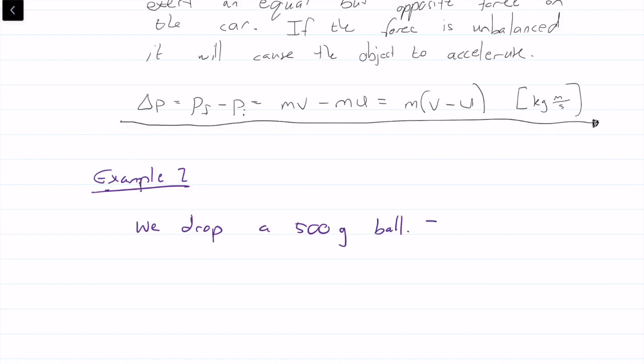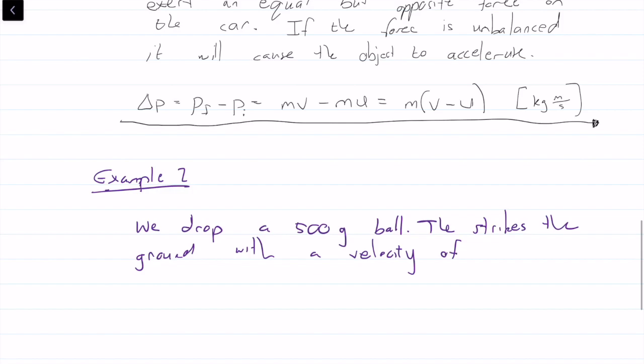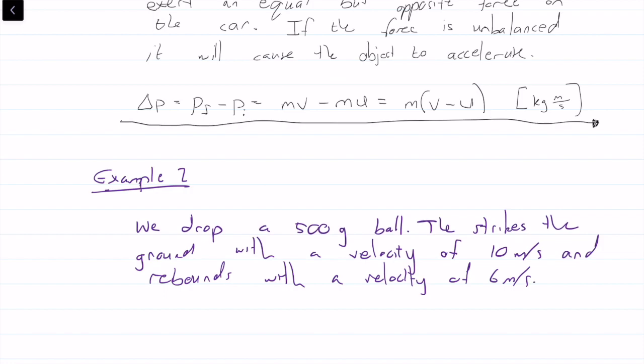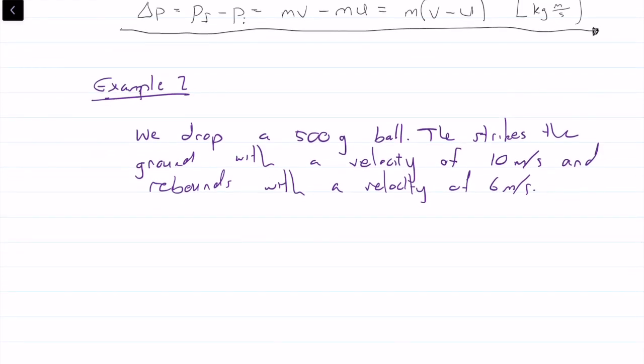The ball strikes the ground with a velocity of 10 meters per second and rebounds with a velocity of 6 meters per second. Okay, and then we want to calculate delta P, or the change in momentum.